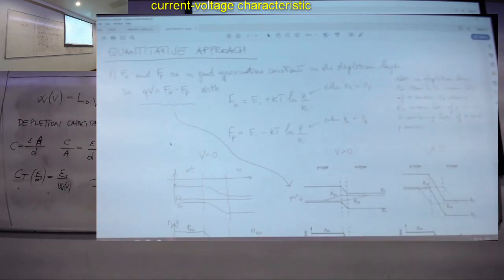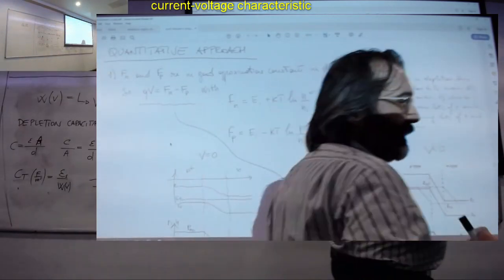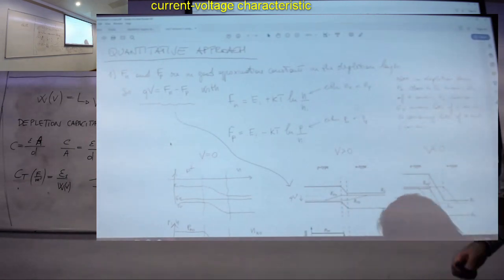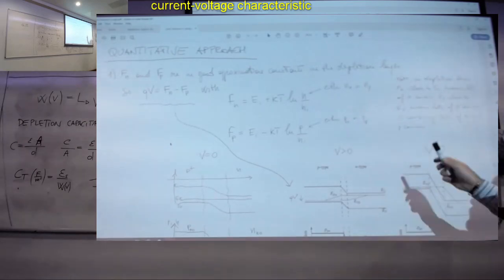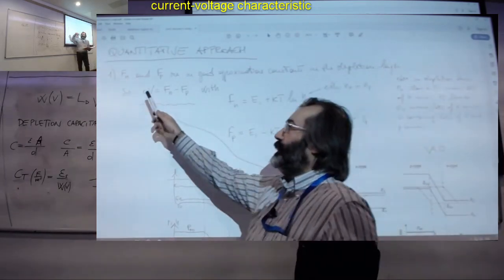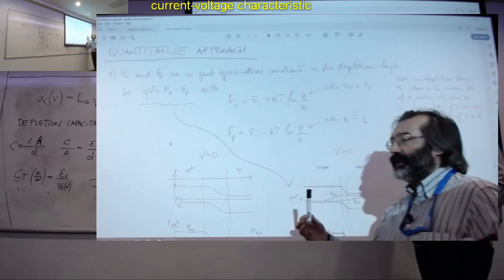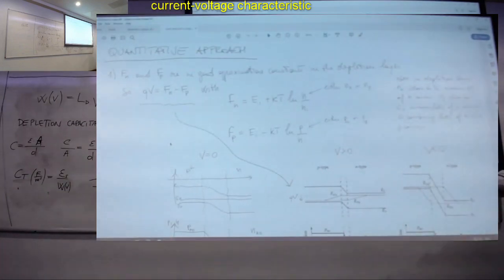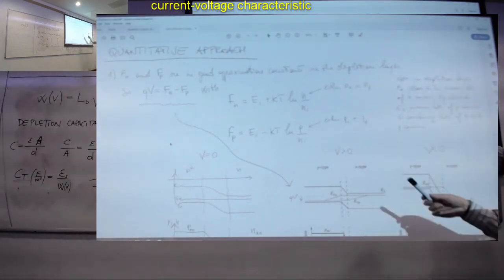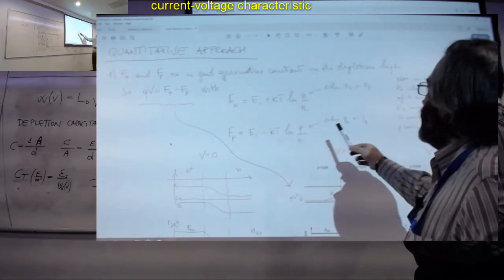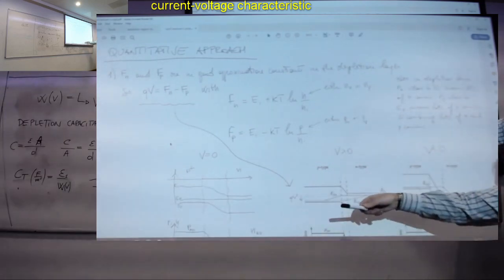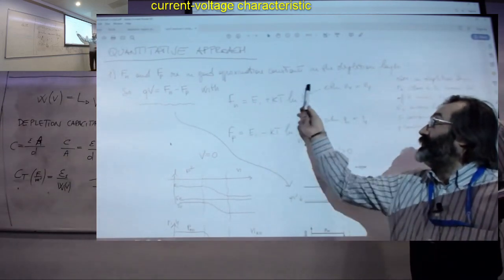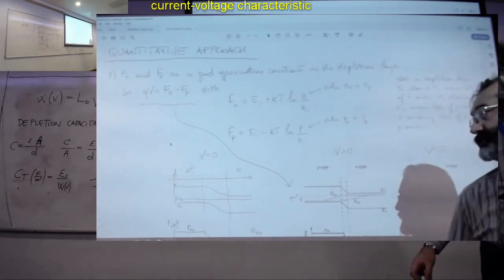As I anticipated, in the quantitative approach to calculate the final current, because we are in a non-equilibrium condition, you have to consider quasi-Fermi levels. And remember that quasi-Fermi levels are related to the actual density of charge carriers through these equations. We've done this some time ago.